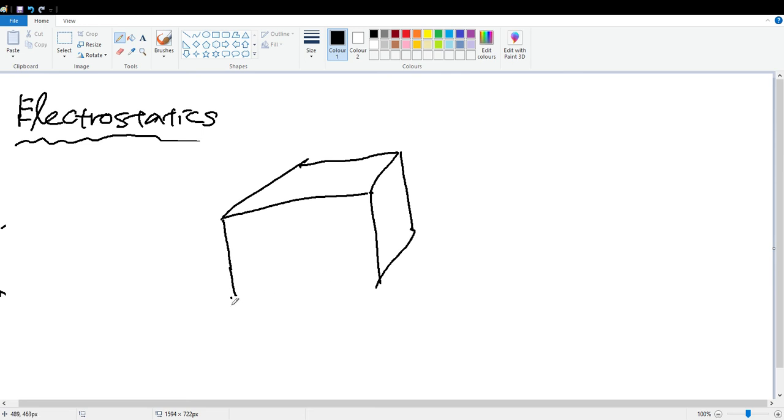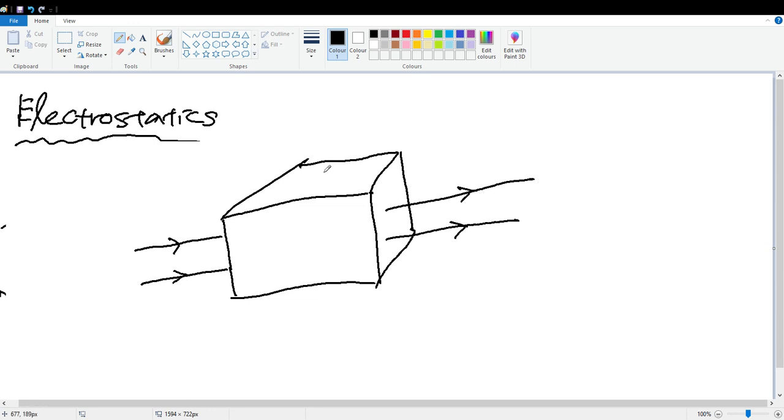So what I have here is the cubic conductor, and the electric field is passing from the left to the right. What we know is that the electric flux passing through this cubic conductor is EA.